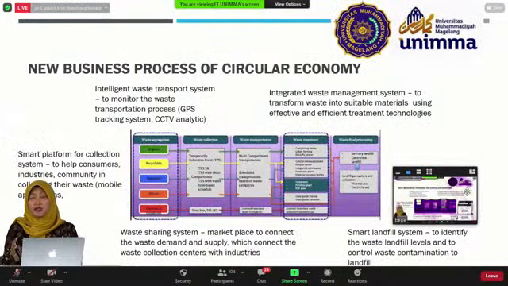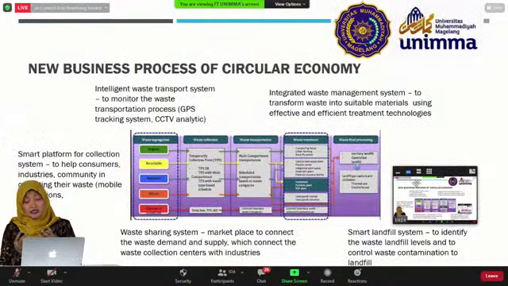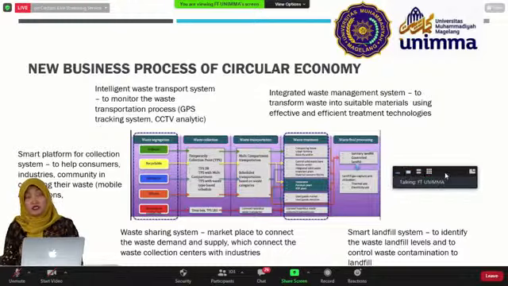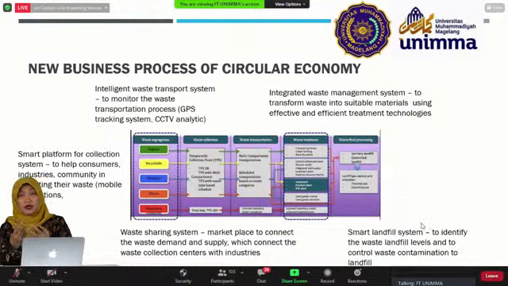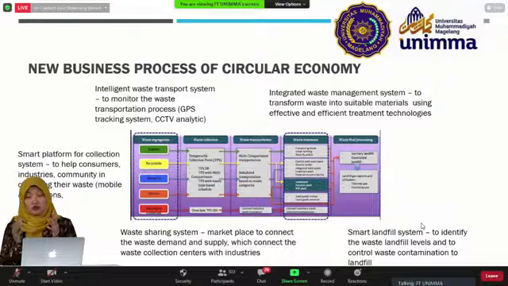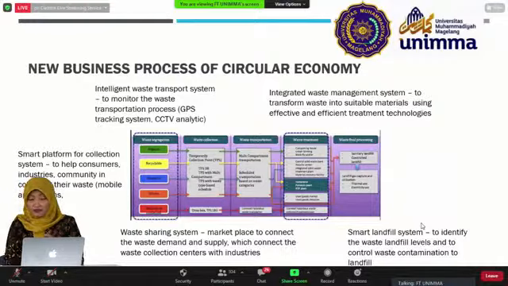This is very simple, but I think that this is very good for our community to learn and our people to learn how to be smart in our circular economy. And this one actually integrated waste management system to transform waste into suitable material using effective and efficient treatment technology.